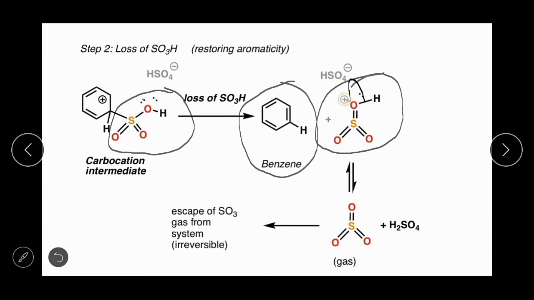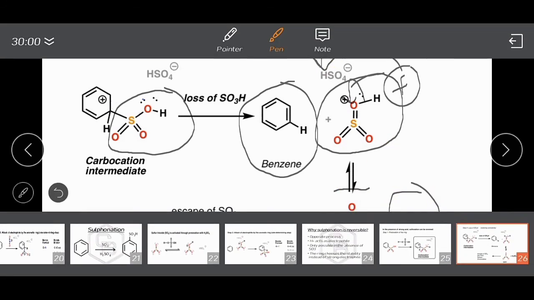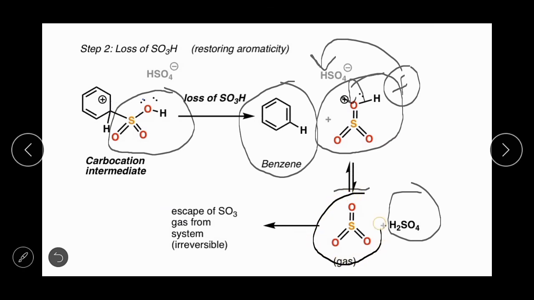It will snatch this electron pair, and this H plus ion produced over here will go to this HSO4 minus and form H2SO4, and the formed sulfur trioxide will escape from the system, due to which the reformation of benzene sulfonic acid will be impossible, and that's how it is reversible, and the reaction will go back to its initial form.